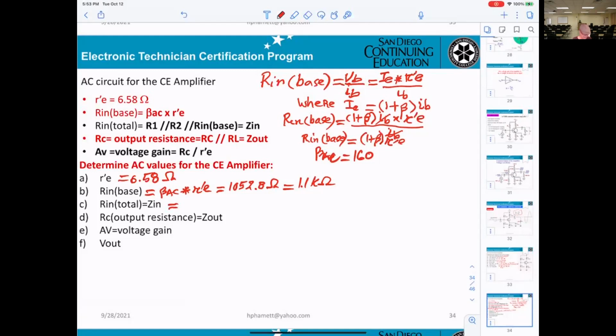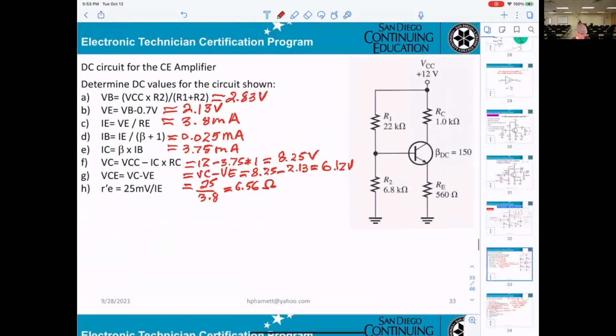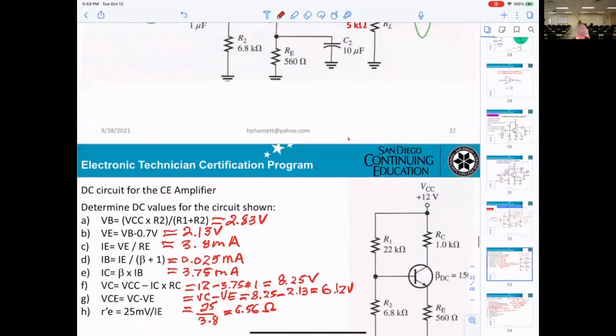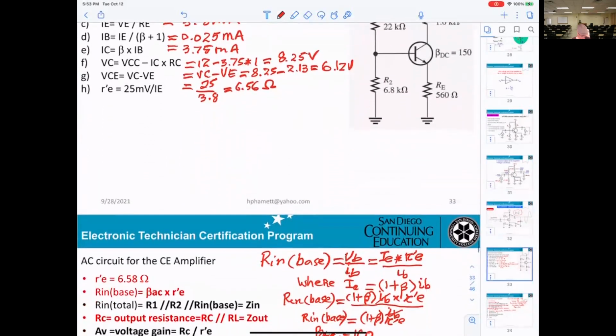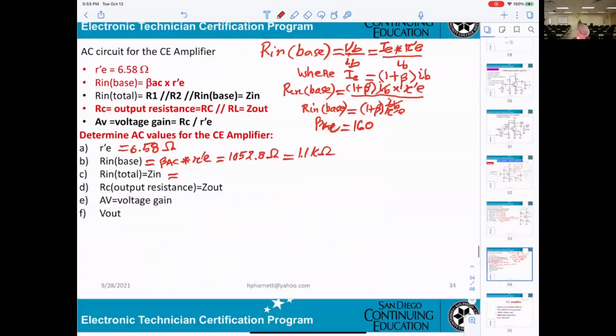Okay, in total. So basically, next time we have to add in one more slide to draw for the R in total, in base.